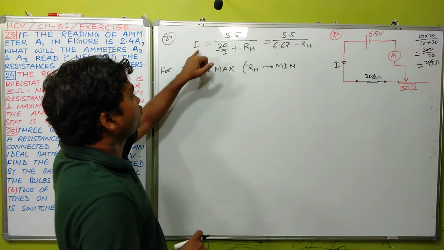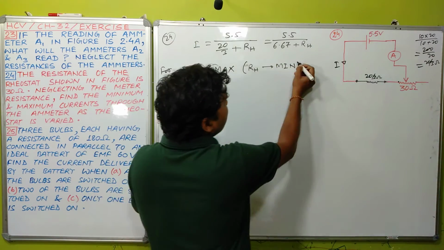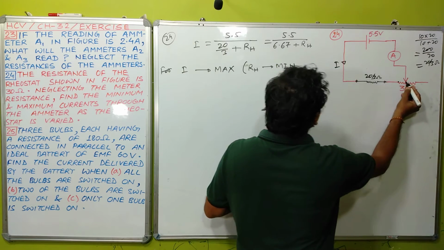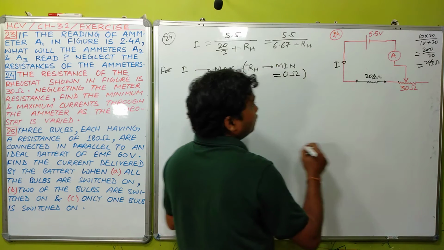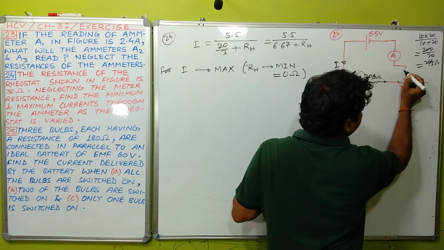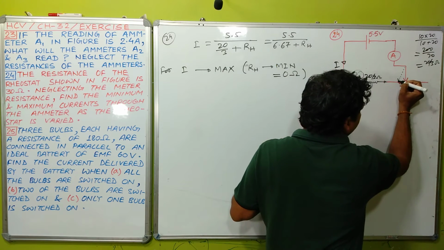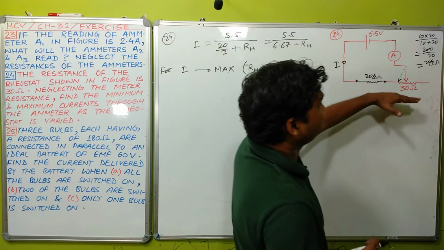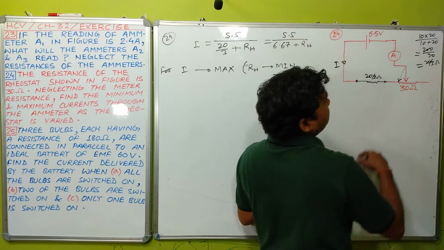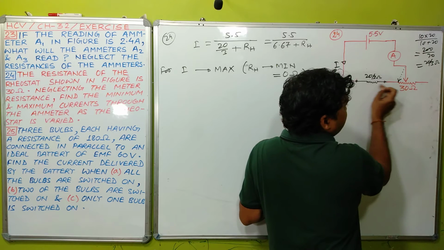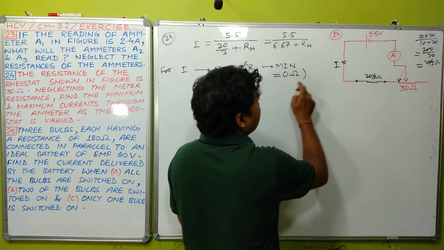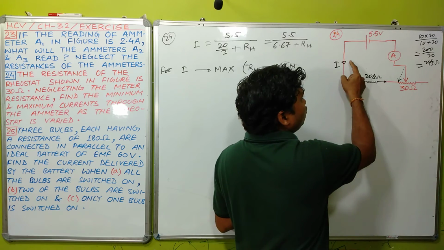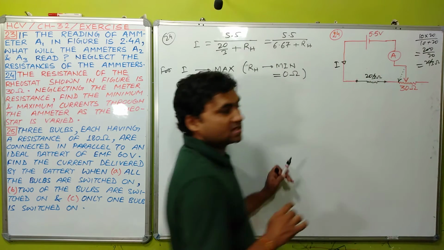Only then the value of I will be maximum, and the minimum value of the rheostat RH will be 0 ohm when the jockey is at this position. When the jockey is at this position, then no resistance will come in series with this, means the value of RH will become 0, and in this case the current flowing through this circuit will have its maximum value.